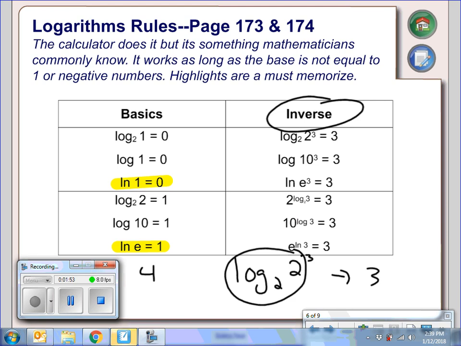Well, I can write log base 2 of 2 to the 4 power, and in essence, these two things mean the same thing. Sorry, that doesn't look good, but those are arrows going back and forth. They are saying the same thing. So again, this is going to come back in one of the problems we're about to do in a moment, and having that pre-knowledge will really help you.